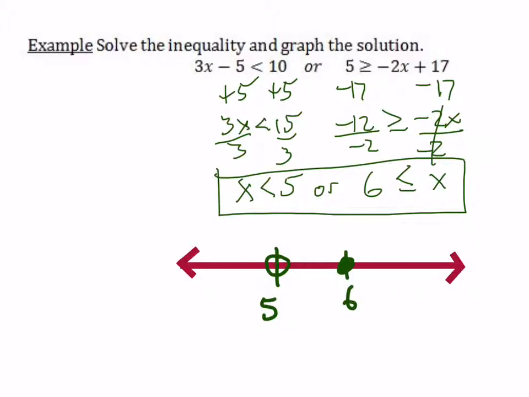And then we're going to shade. x is less than 5, so we shade all the ones that are less than here. And x is greater than or equal to 6, so that's all these to the right. So there's our graph of the OR inequality. We've got these two arrows going off to the side. It's OR because you can't have them both at the same time.